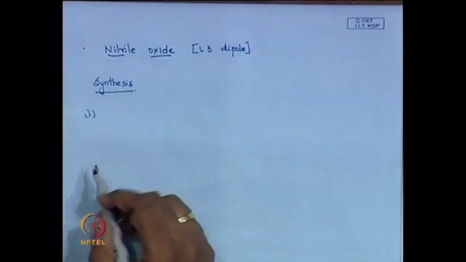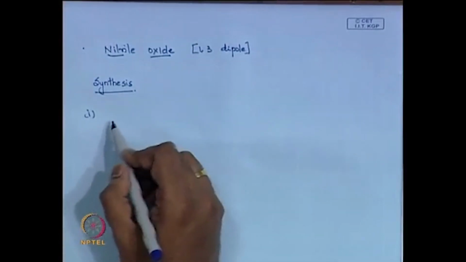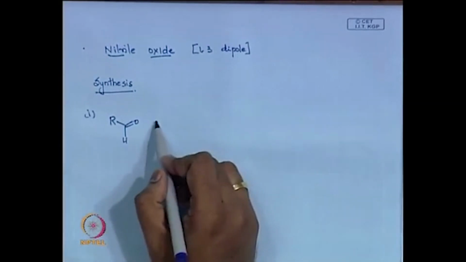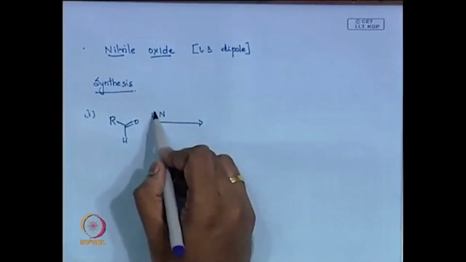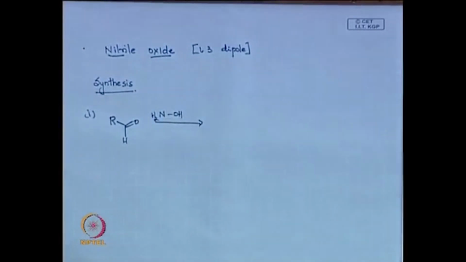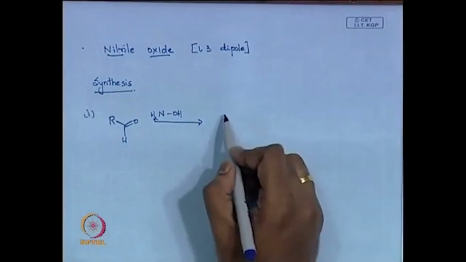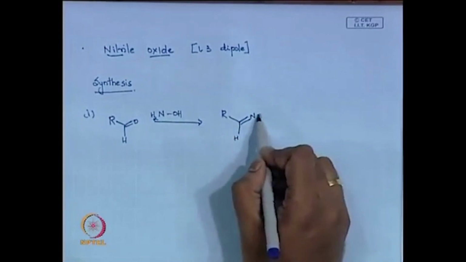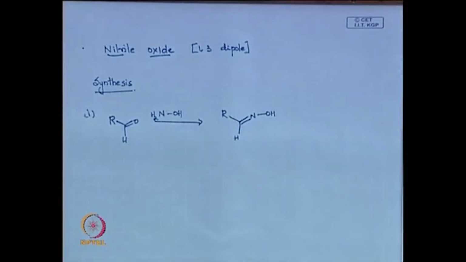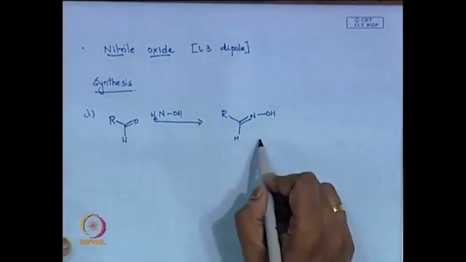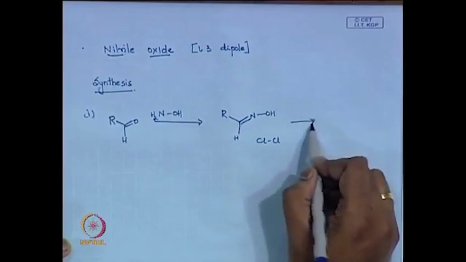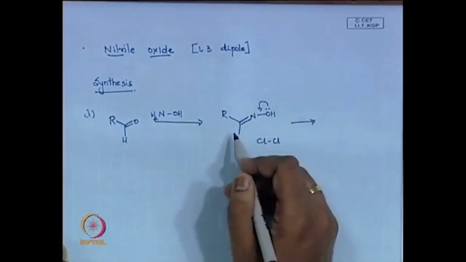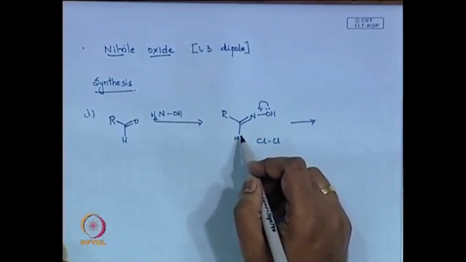Any idea? The same way you learned about nitrones, you can take your aldehyde, in this case with hydroxylamine. So, you get an imine type of system. Now, you can use N-chlorosuccinimide or chlorine.